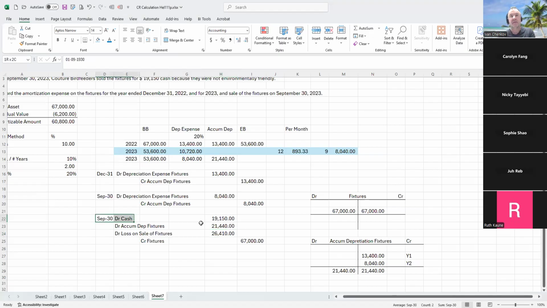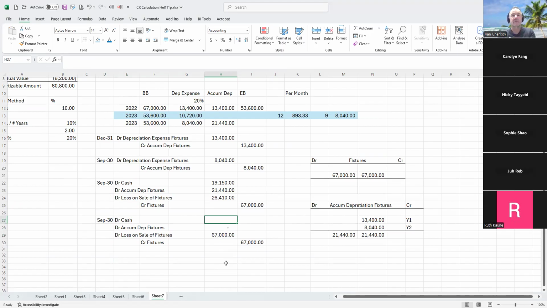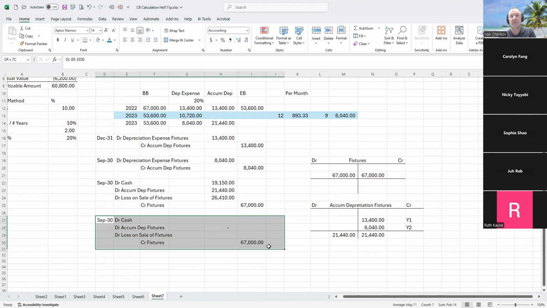Nope. So let's change the scenario here. Let's make it more interesting. We still have the same thing, but let's play with the numbers here. Can you see the numbers? Let's play a little bit and think about it.